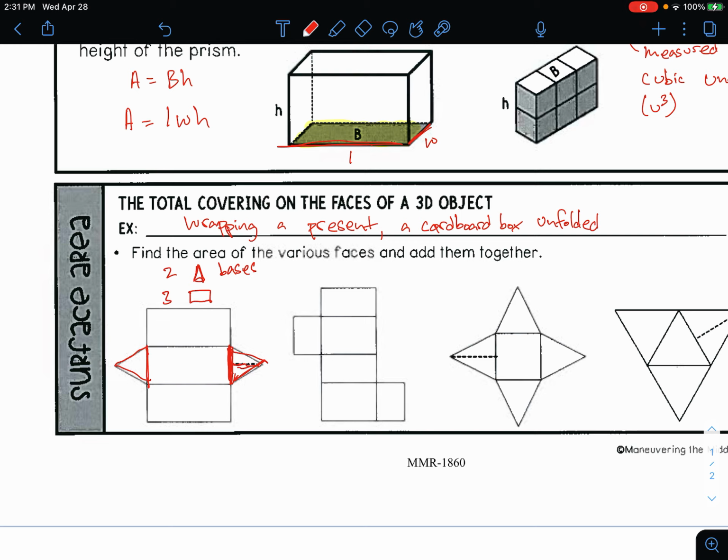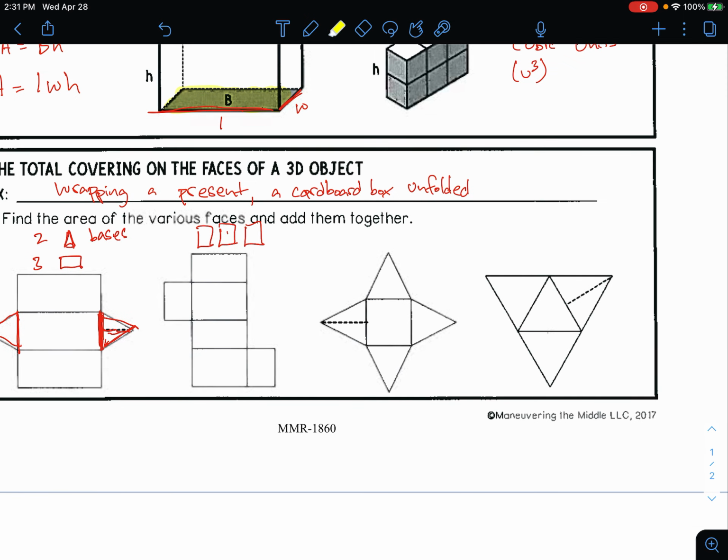The second one is a rectangular prism. You have six rectangles, but they're all in pairs, because one would be the front and the back, or the left and the right, or the top and the bottom. So you need to find the area of all three and basically double them.